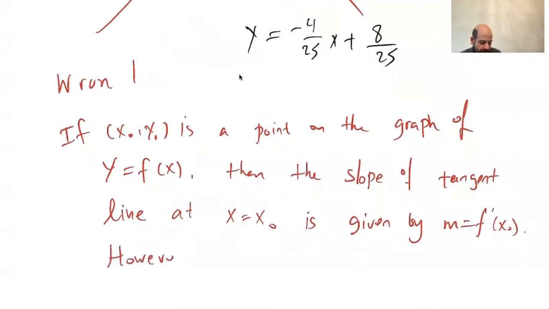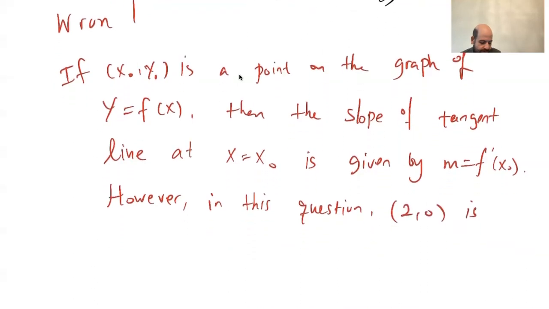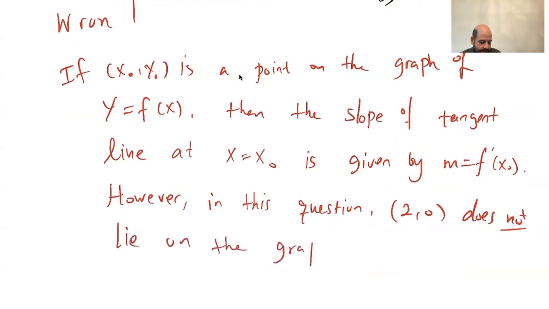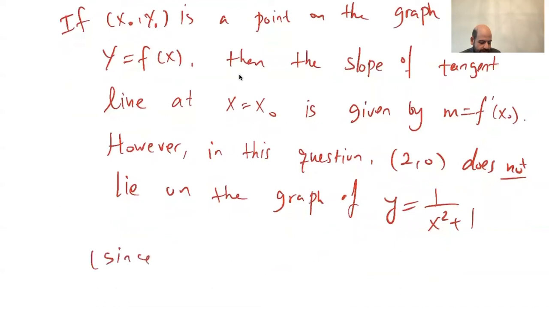However, in this question, (2, 0) does not lie on the graph of y equals 1/(x² + 1), since 0 is not the same as f of 2, which is 1/5.